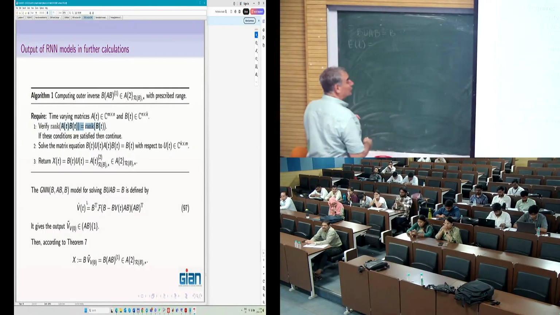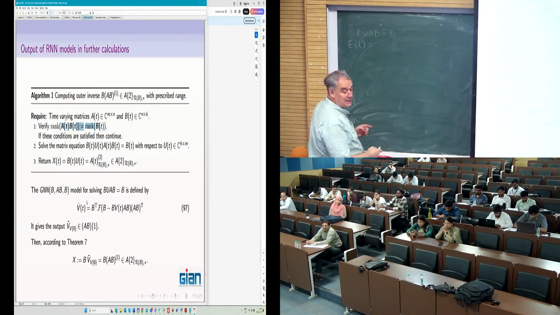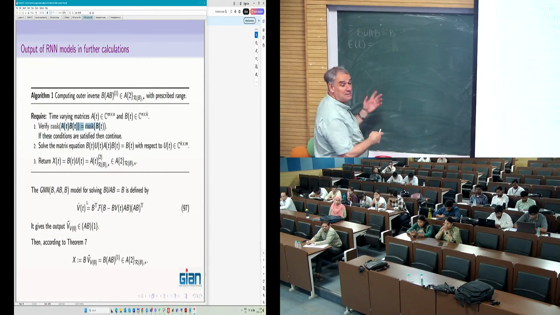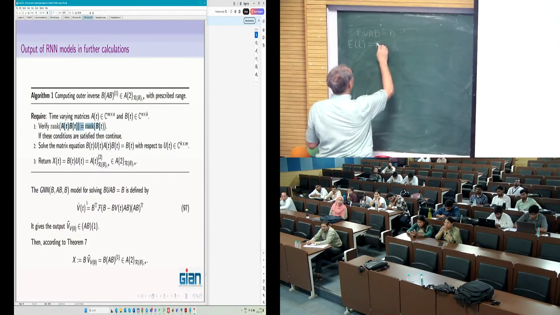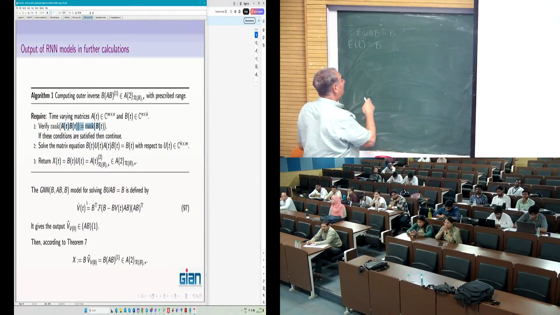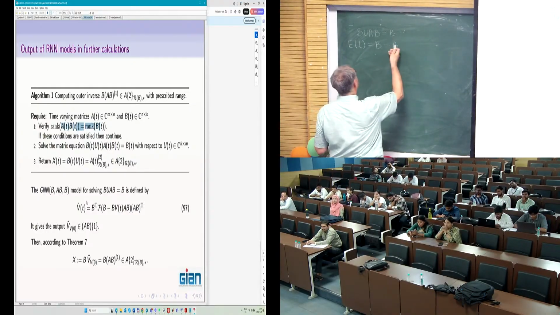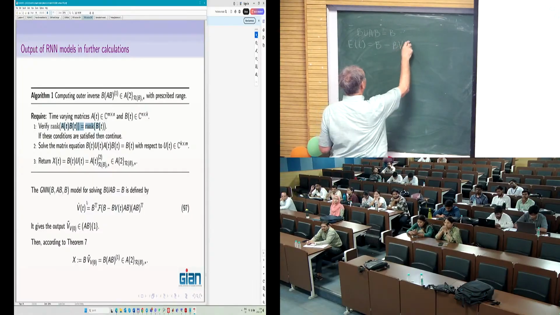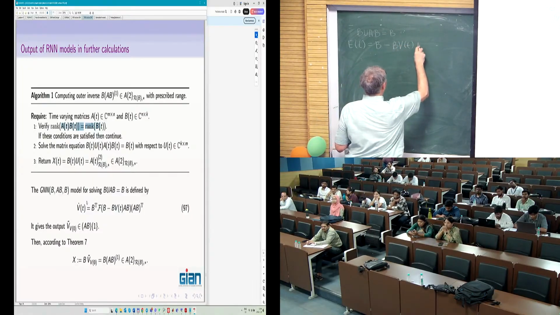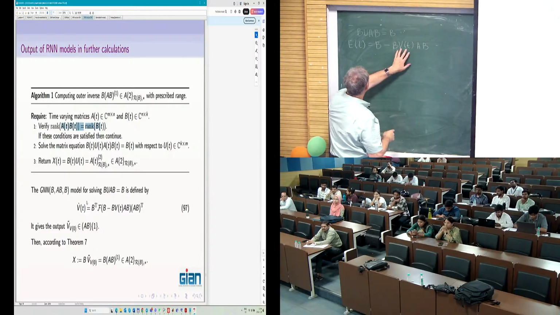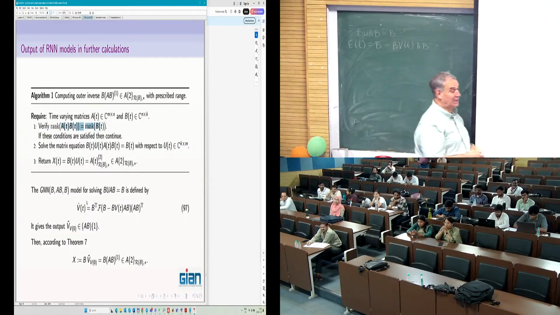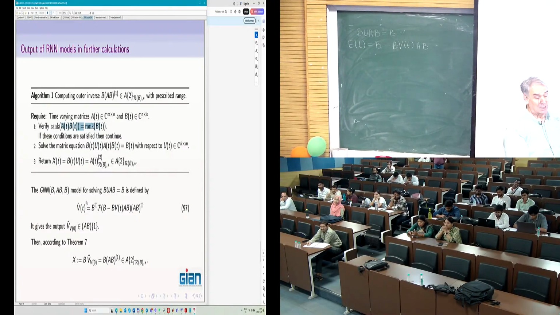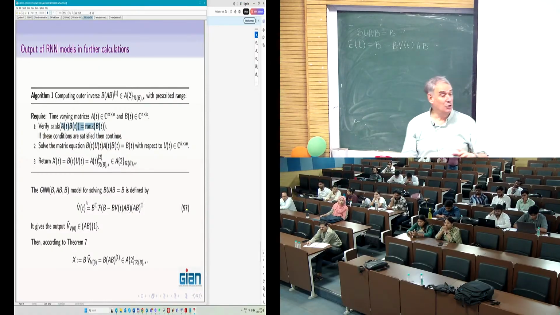E of t is, of course, defined as B minus BUAB. It can be from one side or from another. We only replace the unknown matrix U by the time varying matrix V of t. In that way, we obtain a continuous time model, depending on time.